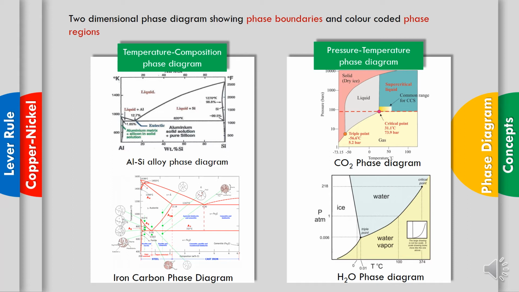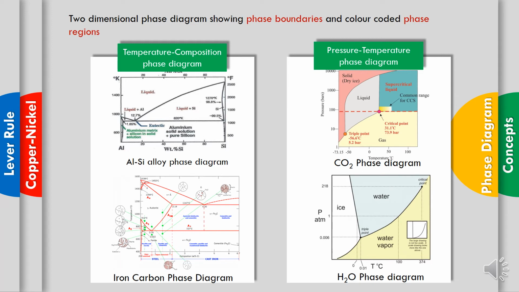Another one is the iron-carbon phase diagram, the complete set showing changes in temperature versus the composition of iron and carbon in percent, which are two materials combined together to become an alloy. Another one is a pressure-temperature phase diagram, which has pressure on the y-axis and temperature on the x-axis.